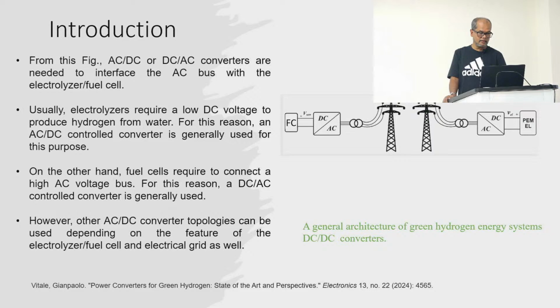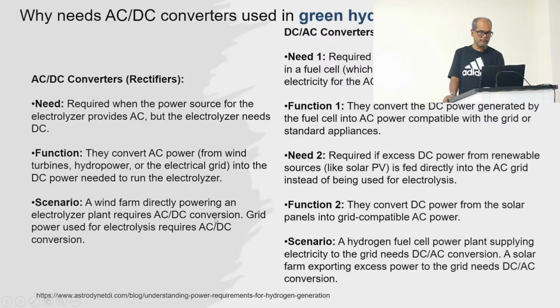As I say, to find out which one might be applicable for a certain application, that depends on the features of the inverter, converter, or rectifier. We already covered the function and need for a rectifier. If you supply from a photovoltaic system, you might not need a rectifier because that's already DC, but then you need a DC to DC converter.